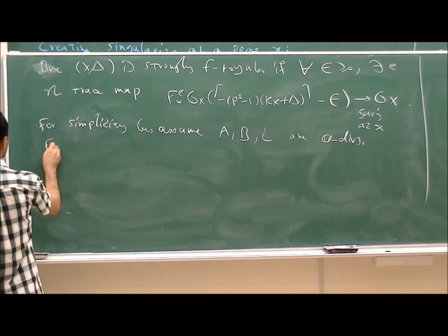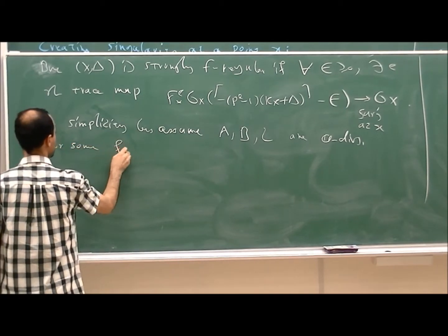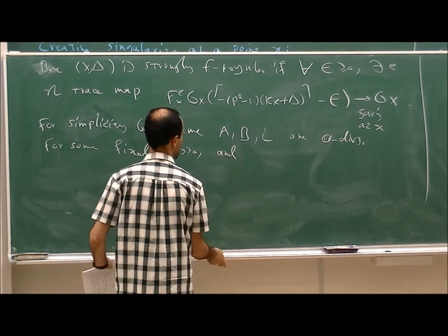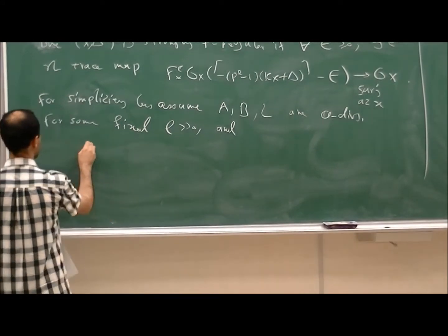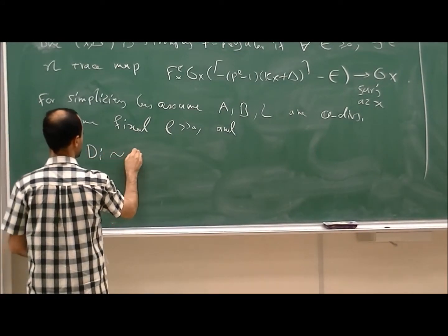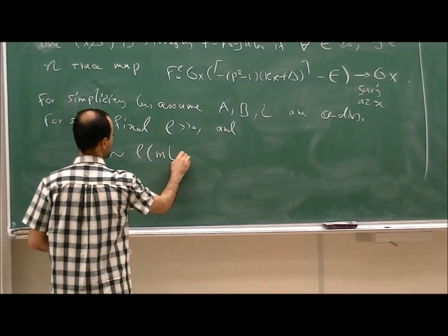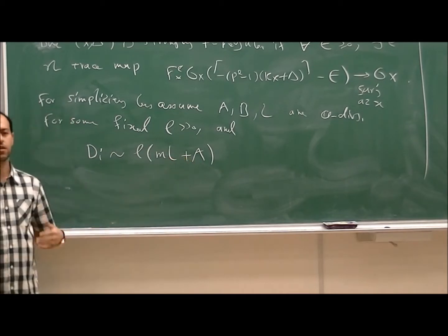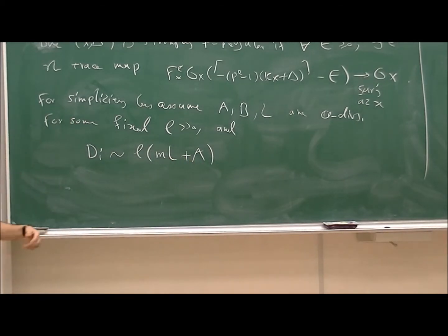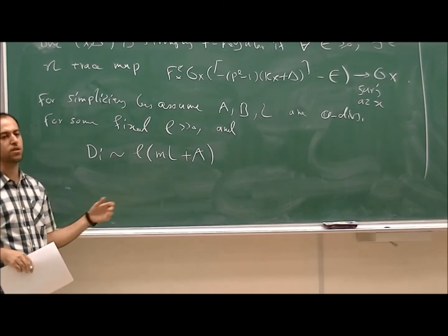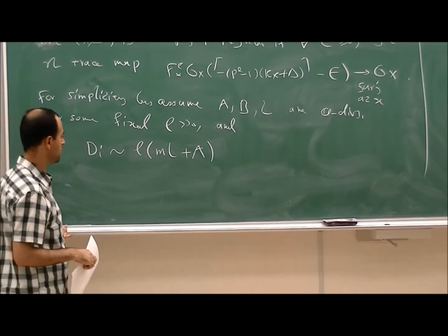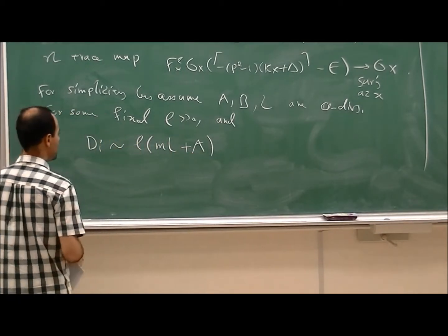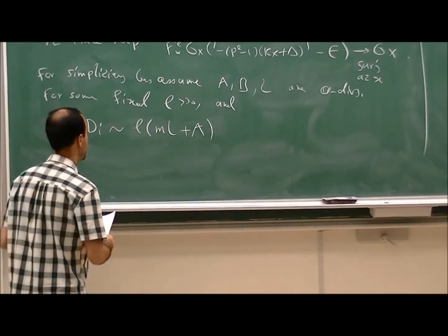So we can choose some fixed number l, maybe large enough, and we can take divisors D_i linearly equivalent to m(lL plus A). The thing is that L and A are not Cartier, they are rational divisors. That's why I'm taking the l. So I just multiply by something to make everything have integer coefficients. So this will be a Cartier divisor, then I can apply this creating singularities.